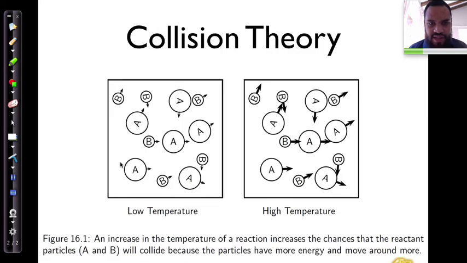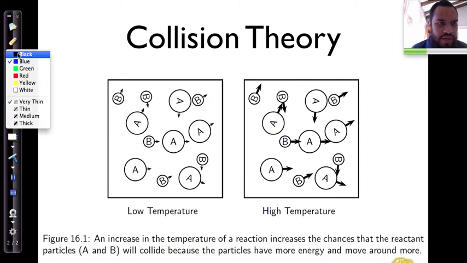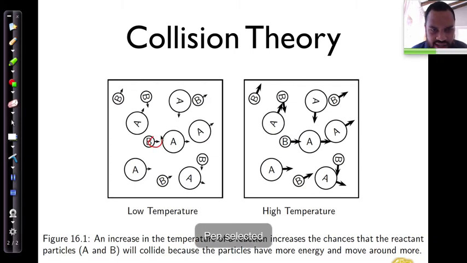Now we've got a little diagram over here that shows you low temperature and high temperature. And what I want you to look at is these things over here. Right, just look at these things carefully. Do you see that? What are these? These are arrows, but the arrow there and the arrow there, they are almost identical. The only difference is this arrow is longer, but this arrow and this arrow point in the same direction, right?